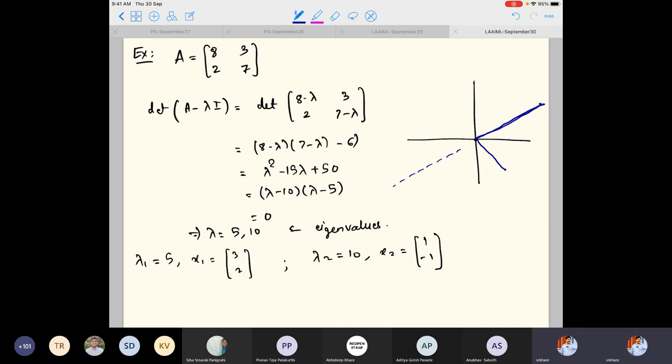Basically this is the eigenspace you are looking at for one eigenvector, and this is the eigenspace for the other eigenvector, right? So these are not orthogonal, obviously. So it is not necessary that every time you get orthogonal eigenvectors, right? This is something that I just wanted to say. Is that okay?